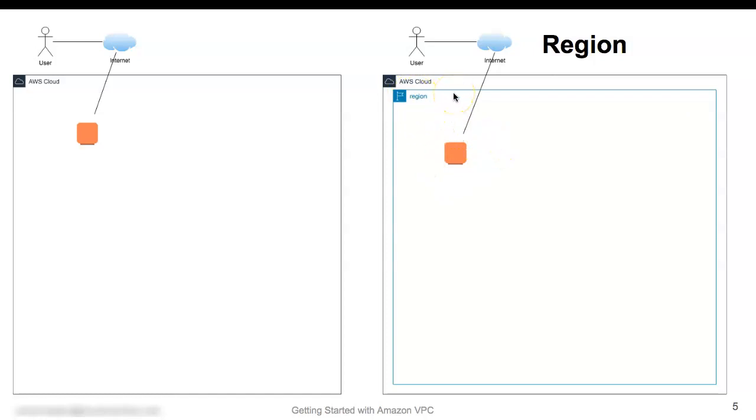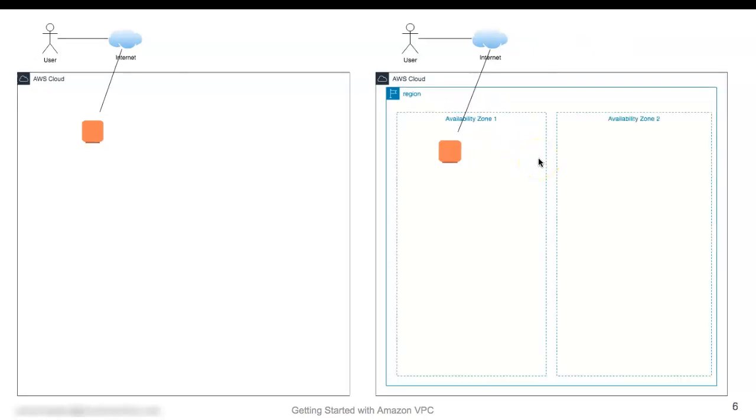So this could be running in US East North Virginia, or it could be in Mumbai region. Then we have one more kind of layer which is called availability zone. Now availability zones are nothing but the physical data centers. So your EC2 instance runs in one of the availability zone.